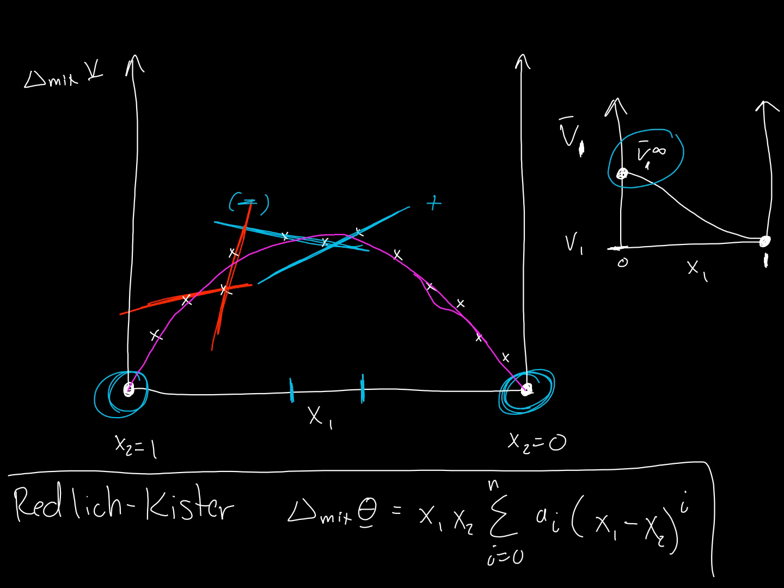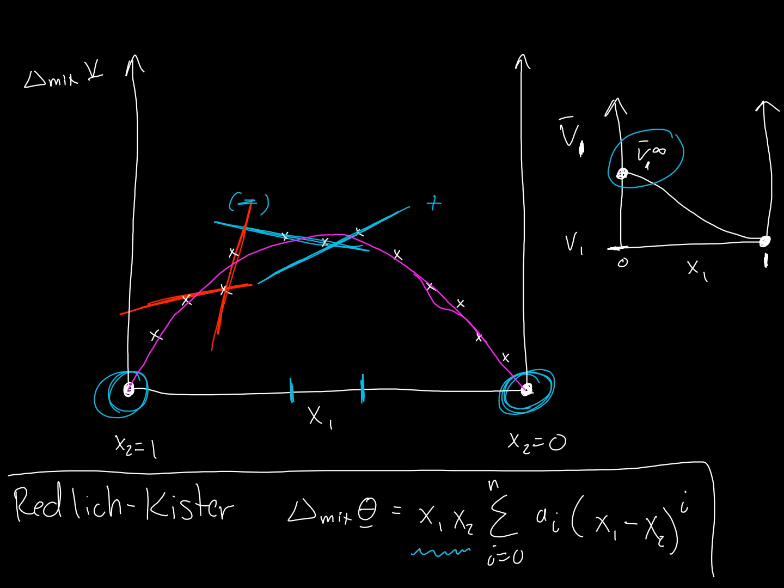So this polynomial has a lot of good characteristics. The main one is that if either x1 or x2 is equal to 0, then the delta mixing has to be equal to 0. Now, none of these are fail-proof necessarily, but matching that property is really important.